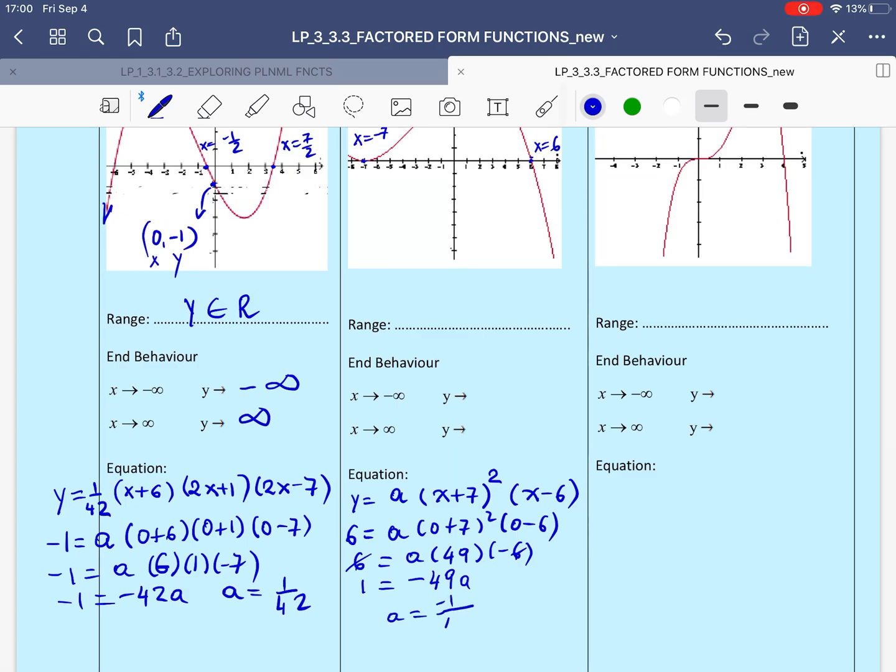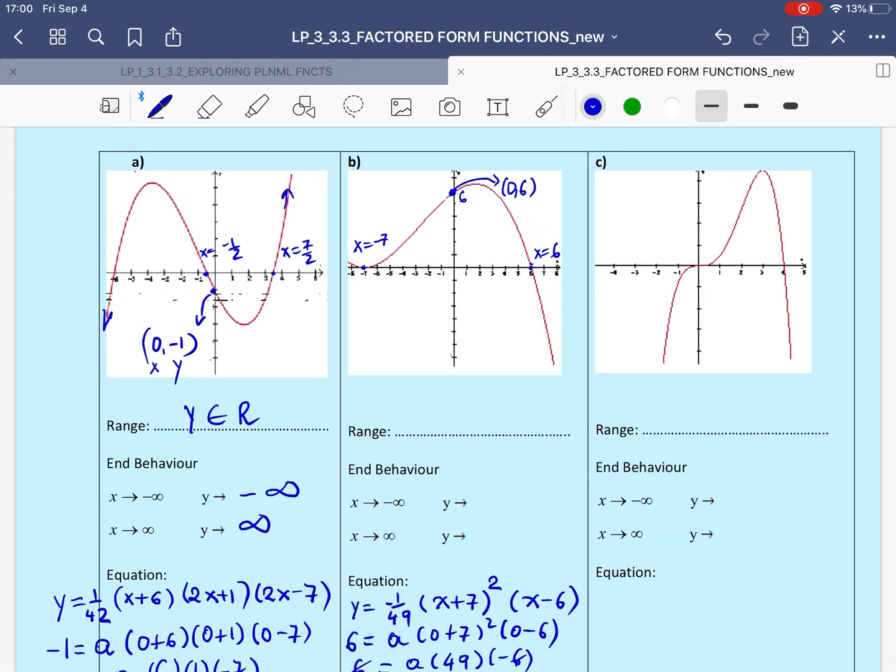So a equals negative 1 over 49. So the equation is negative 1 over 49 times that. So for the range of this function, we're going to say y is any real number. And end behavior, x approaches negative infinity, y goes to infinity. X approaches positive infinity, y goes towards negative infinity.